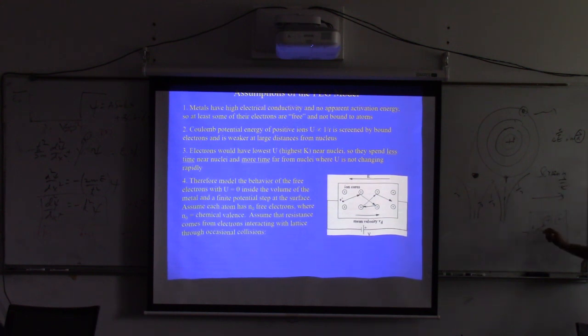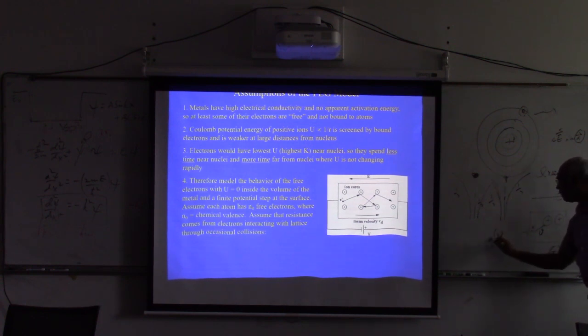When it collides with the ion, this is very important, the velocity immediately goes to 0 during a time called the relaxation time. Suppose initially you have momentum mv, then the next momentum will be 0. Then again it starts with 0 velocity and accelerates until it collides with the next ion.